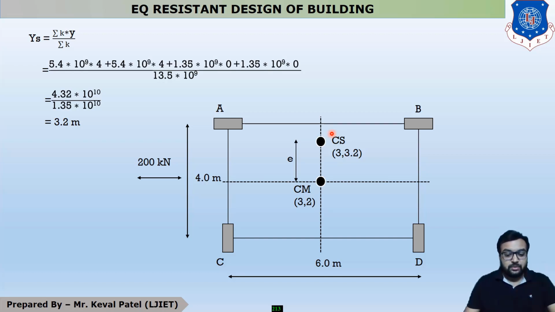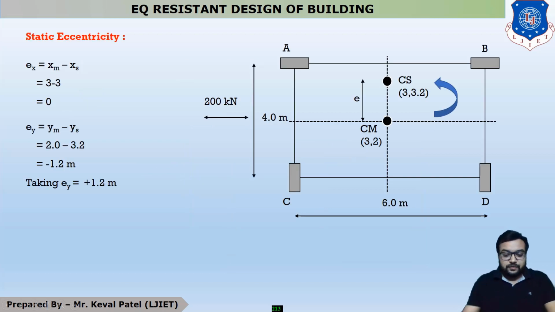Okay, now let us start our example. First of all, we have to find the static eccentricity. It is already discussed that the x coordinate is at the same point, so the static eccentricity in the x direction is 0 and in the y direction it is minus 1.2 meters. The minus sign indicates an anti-clockwise moment.